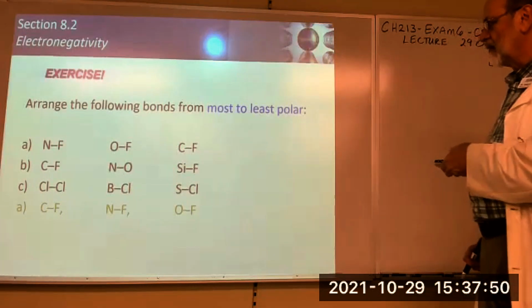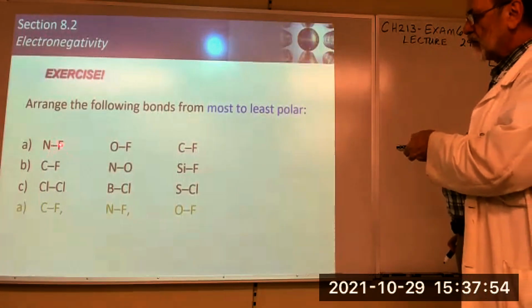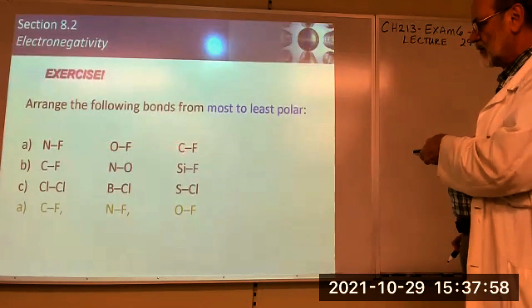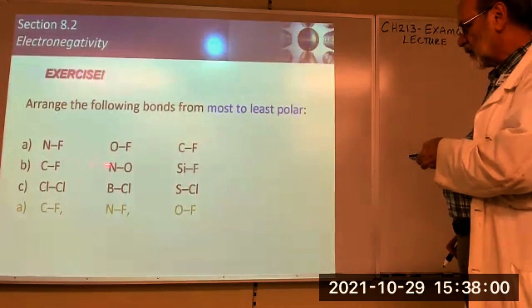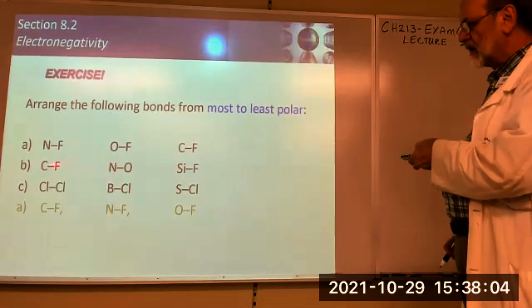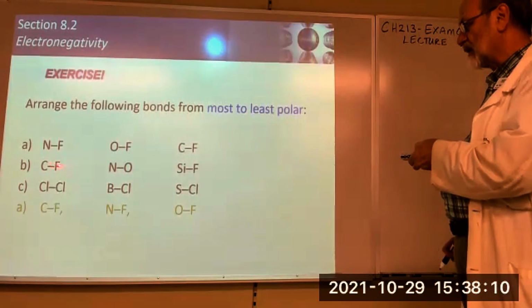Okay. How about these? Since these are all bonded with fluorine, all we have to do is look at the relative positions of these atoms. But if we're looking at this one, we've got different atoms, so we have to look at carbon and fluorine. Okay, they're 1, 2, 3 steps apart here.